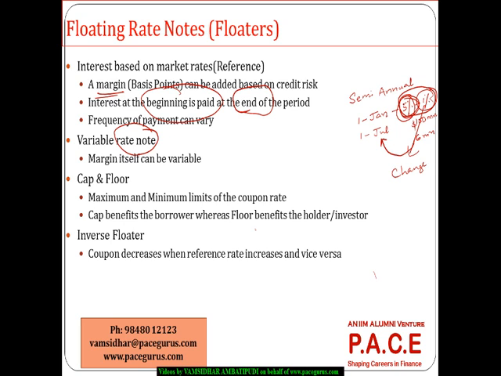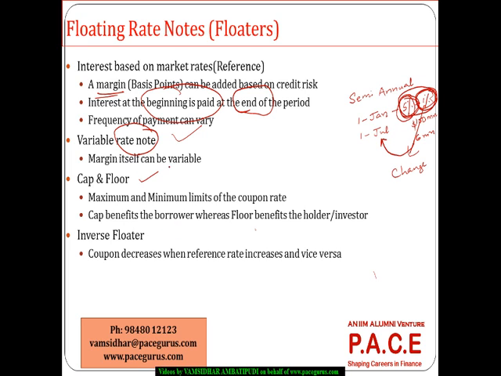Depending on the LIBOR, the reference rate changes, and I can say 1% above the reference rate or 100 basis points above it. But when I am talking about the variable rate note, even the margin above the reference rate could change, which means that's one more kind of instrument.